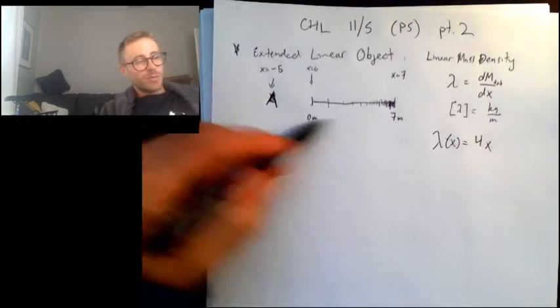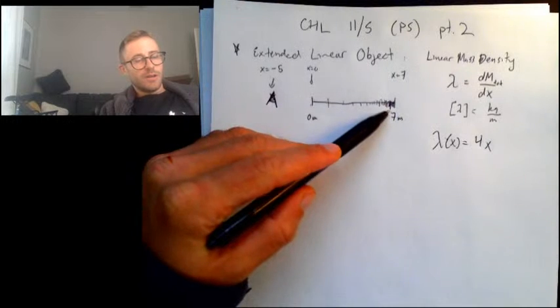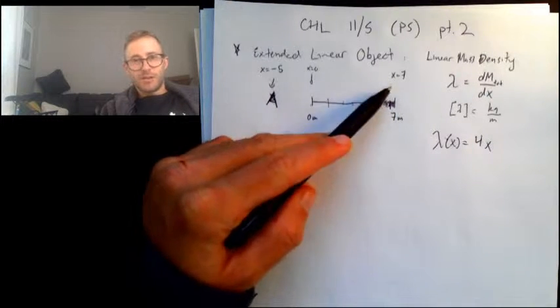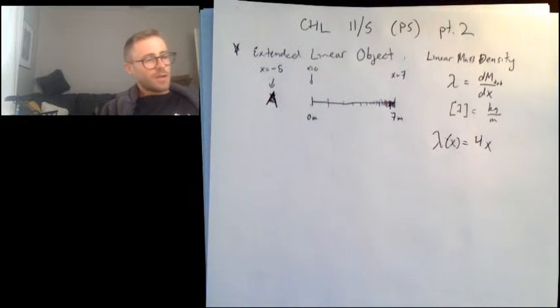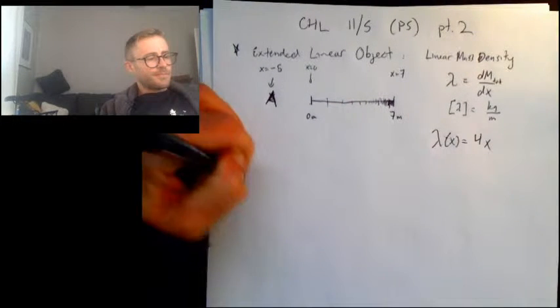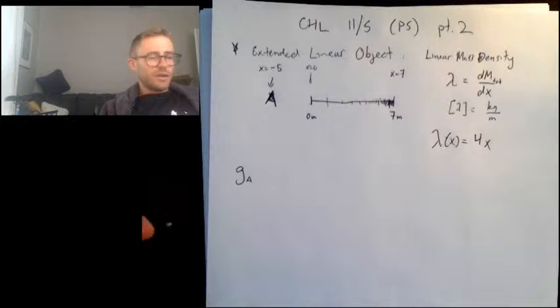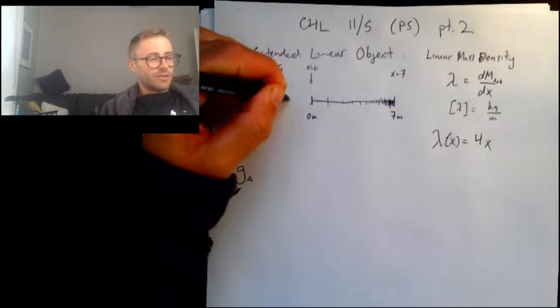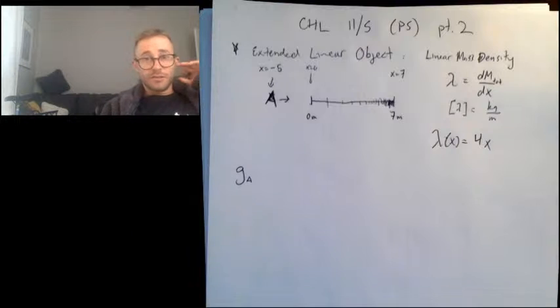The maximum density would be 28 kilograms per meter at the right side. So what we want to do is calculate the gravitational field at A. Obviously, that gravitational field is going to point to the right because it's going to be pulled directly towards the object.